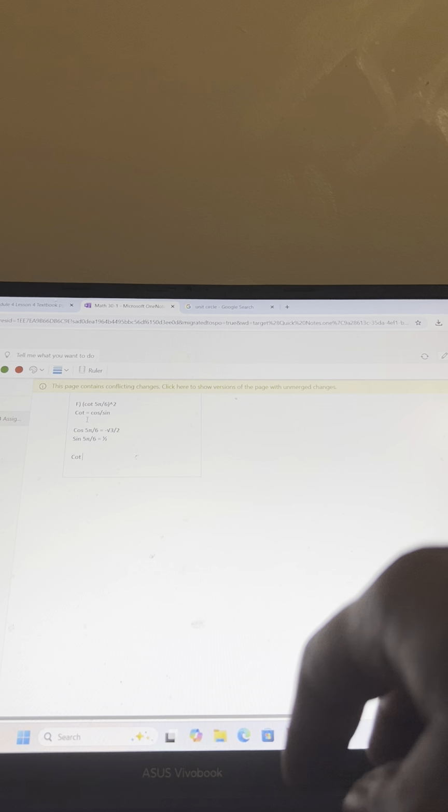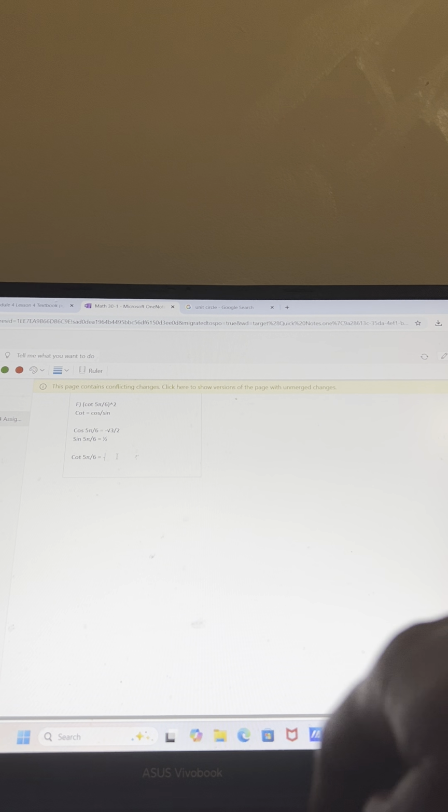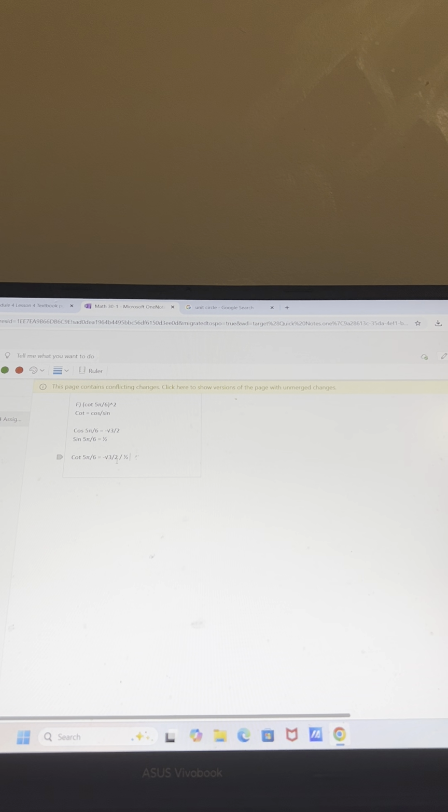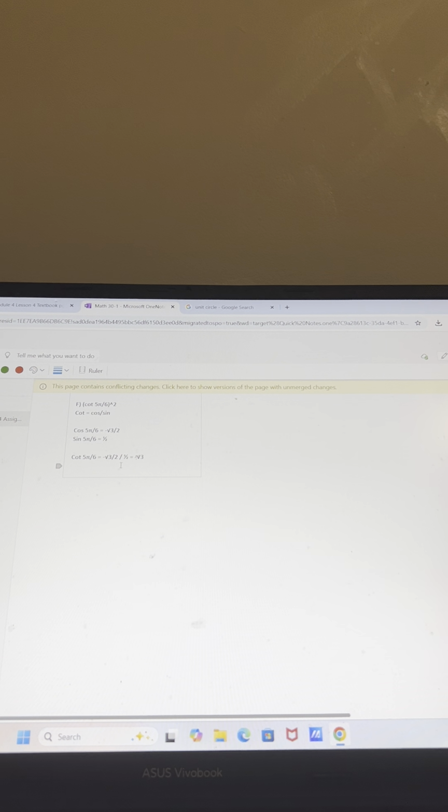So cotangent of 5 pi over 6 is going to be equal to negative square root of 3 over 2, divided by 1 over 2. And now if I calculate this, we can cancel out both 2's, and we're just going to get negative square root of 3 over 1, which simplifies to negative square root of 3.